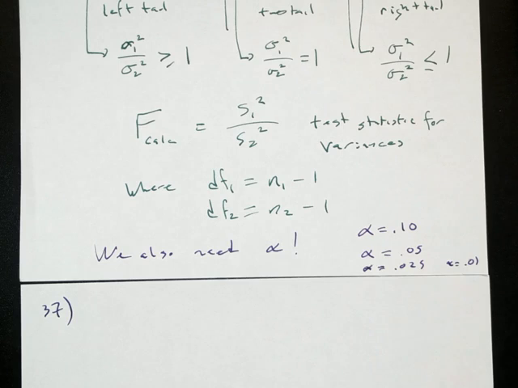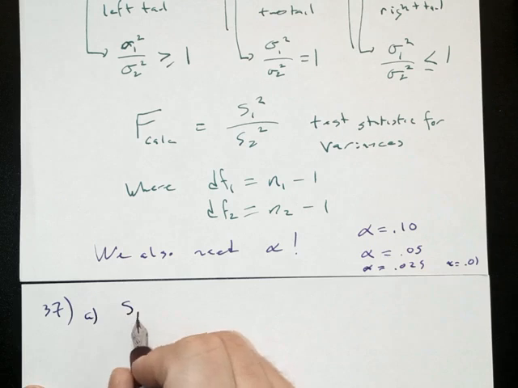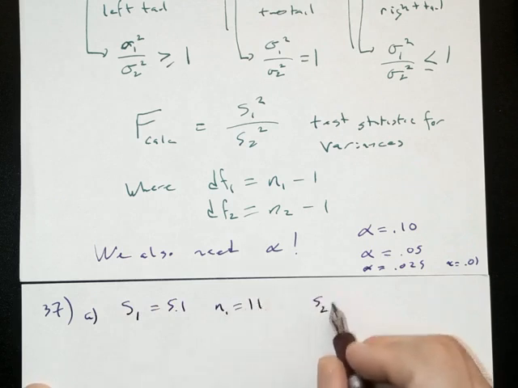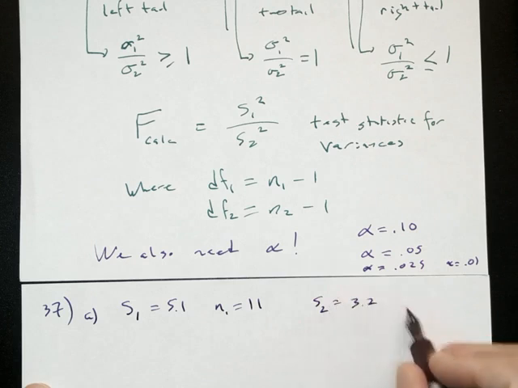Use alpha equals 0.05 in all tests. I know which table to look at. Show the critical values, degrees of freedom clearly, and illustrate. They want me to draw a picture. Hell with drawing a picture. I want to understand what's going on. So, part A says my first standard deviation is 5.1, and I have 11 people in that group. My second standard deviation is 3.2, and I have 8 people in that group.